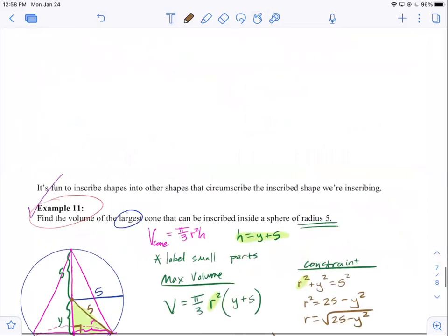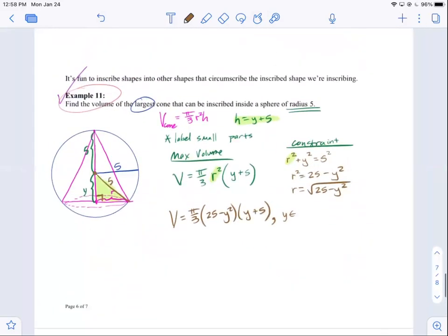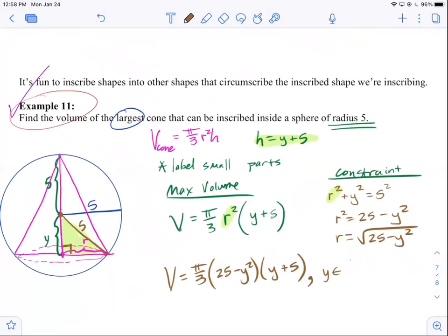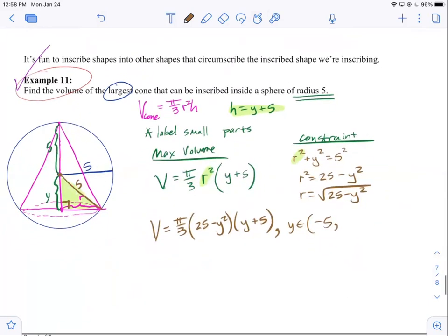So like in that original example where it was tall and wide, y was approaching -5. But it can't equal -5 because then it would collapse, right? What would be the max I can go below the center? 5. And again, if it equals 5, then I've collapsed it down horizontally. So there's your interval for y.